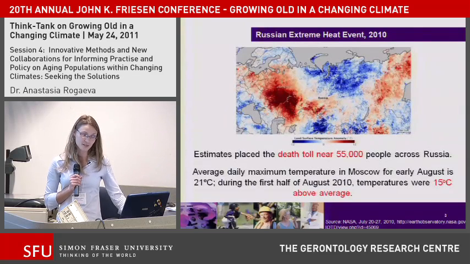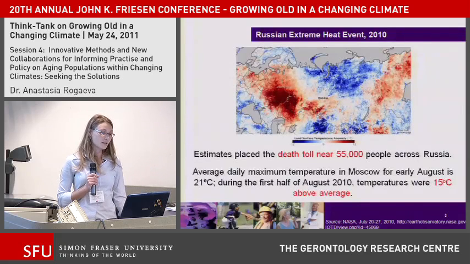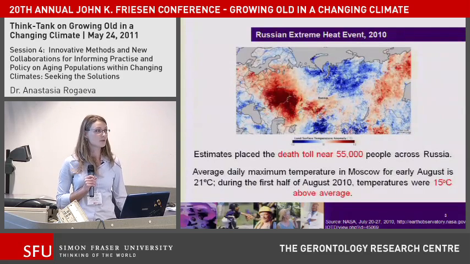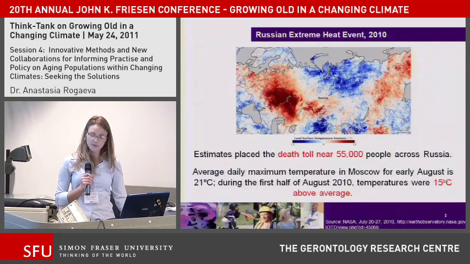I'm sure the numbers are going to continue climbing as they look closely at the information. And it's not only because of the heat that the deaths occurred, but also the compounding effects of air quality that people were faced with because of the forest fires that resulted from the drought, as well as the extreme temperature that I'm sure a lot of people in Vancouver are quite familiar with. So the temperatures were very unusual. They're about 15 degrees higher than the average temperature of 21 degrees Celsius for the month of August.